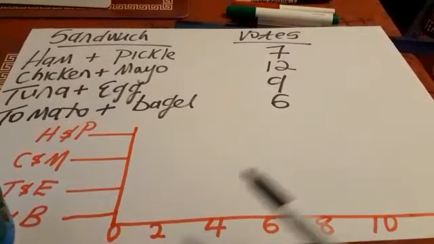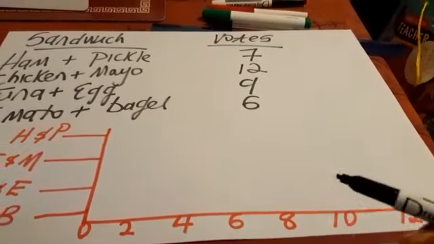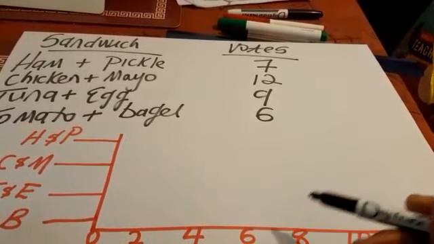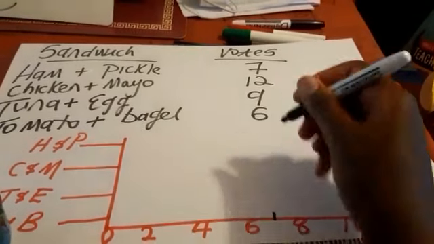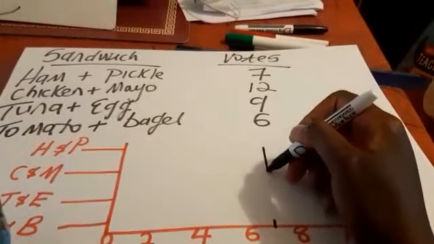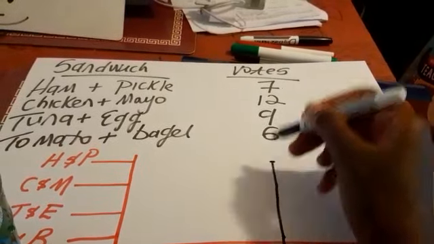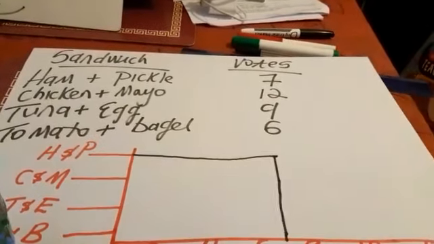All I need to do is, as you can see at the bottom, the numbers are going up in twos. So I know that 7 comes after 6 and 7 is before 8. So I will draw my line here all the way, to represent ham and pickle.